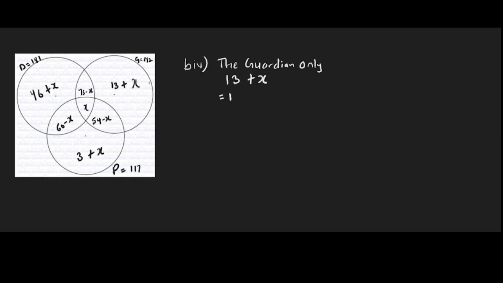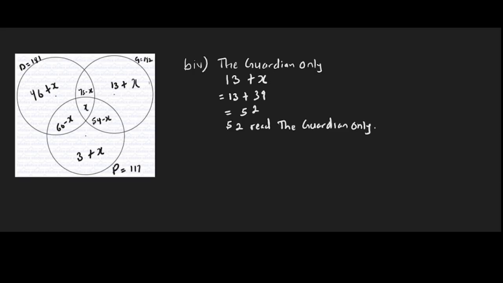I already know our x is 39. Now we have 13 plus 39, that's going to give us 52. That means 52 read the Guardian only.